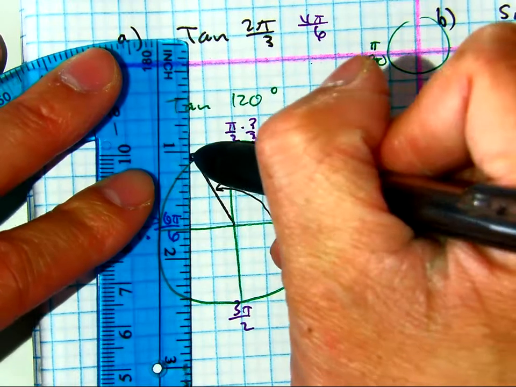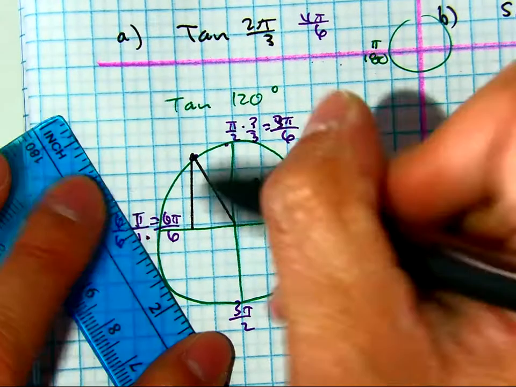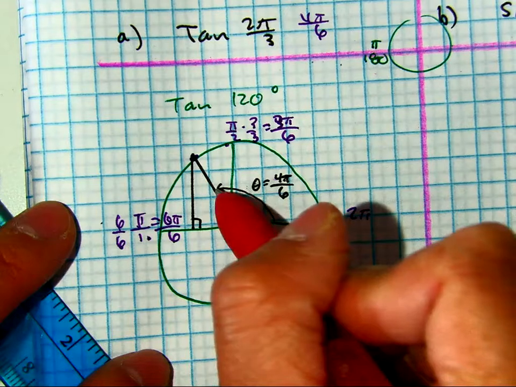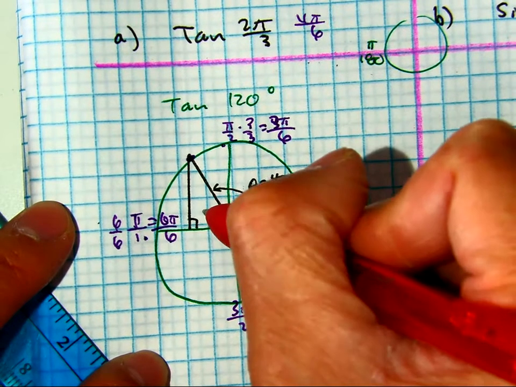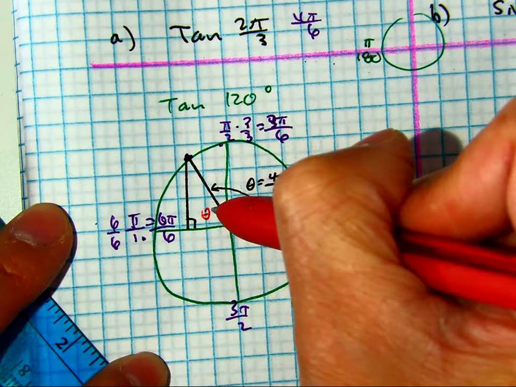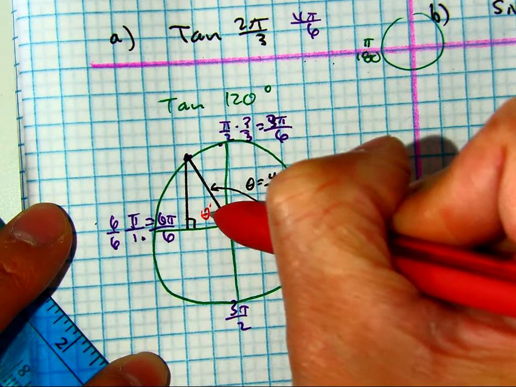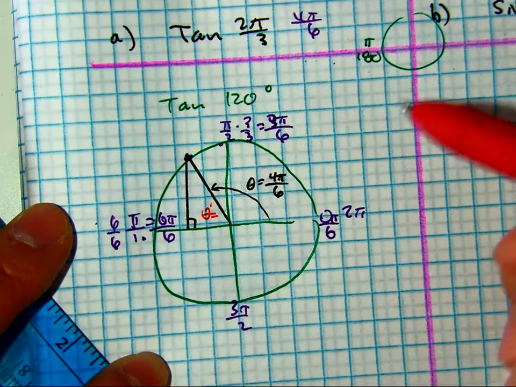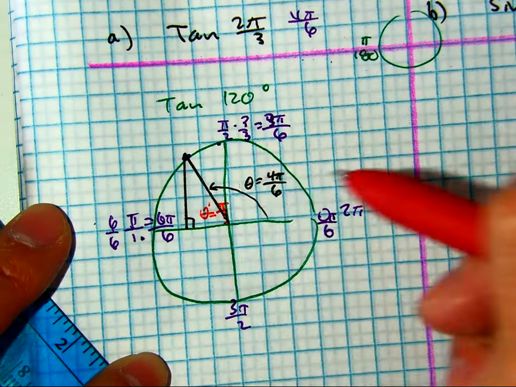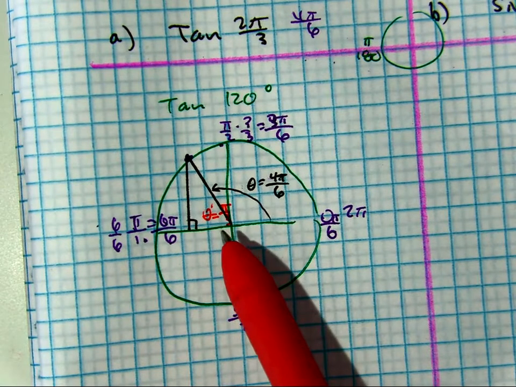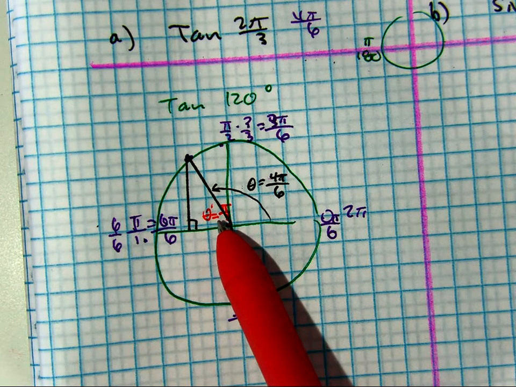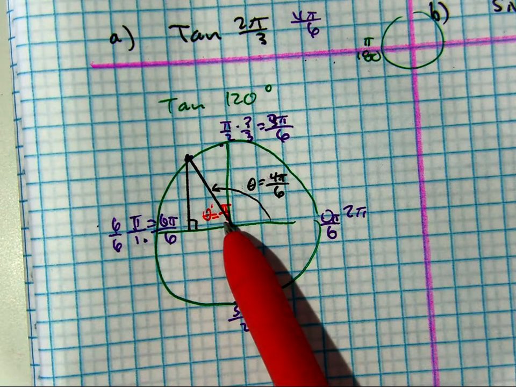I need to find my reference angle, or theta prime. If this is 4 and this is getting to 6, then inside is what? Theta prime is equal to 2 pi over 6, or what? Pi over 3. So once we have the reference angle, can I figure out which type of special right triangle?